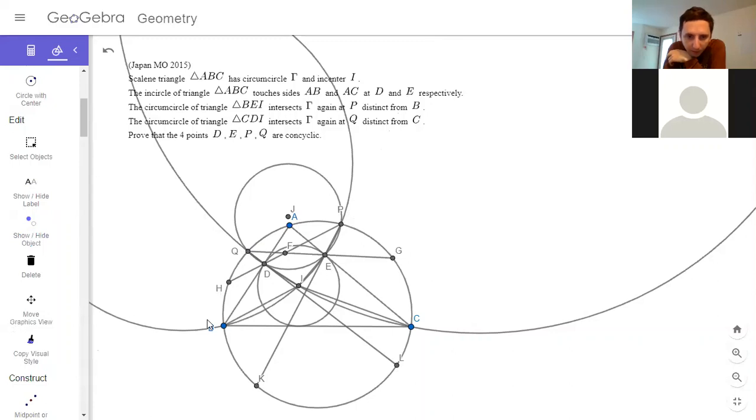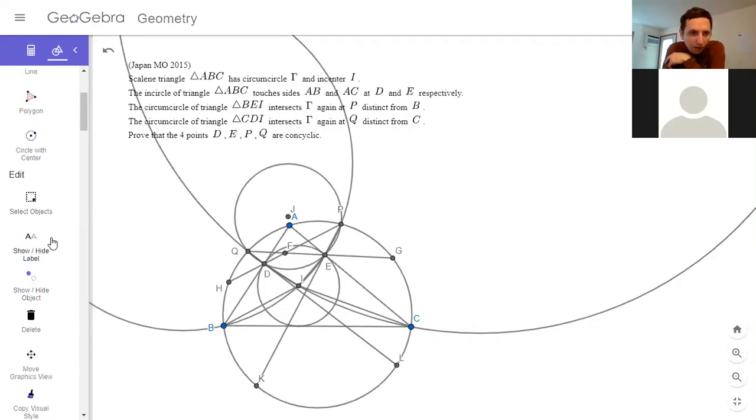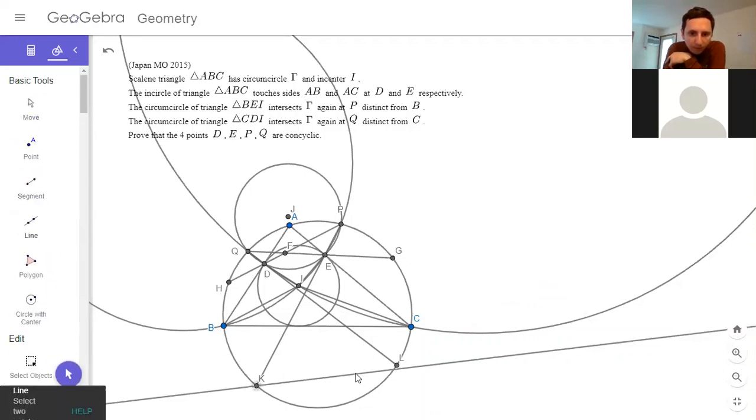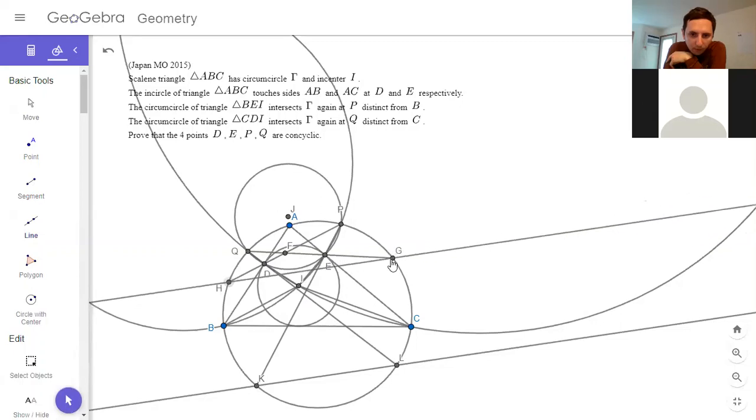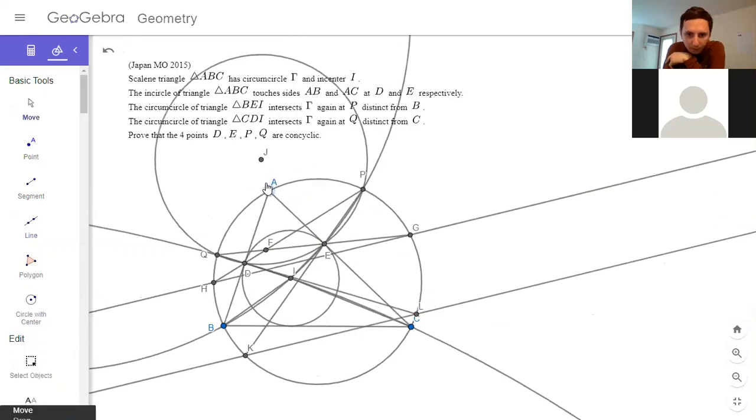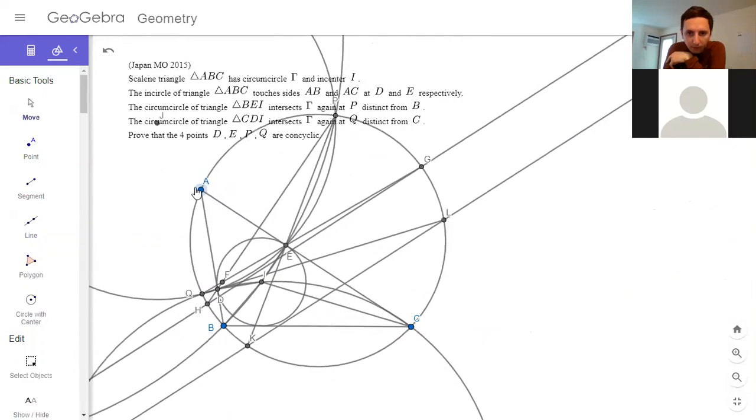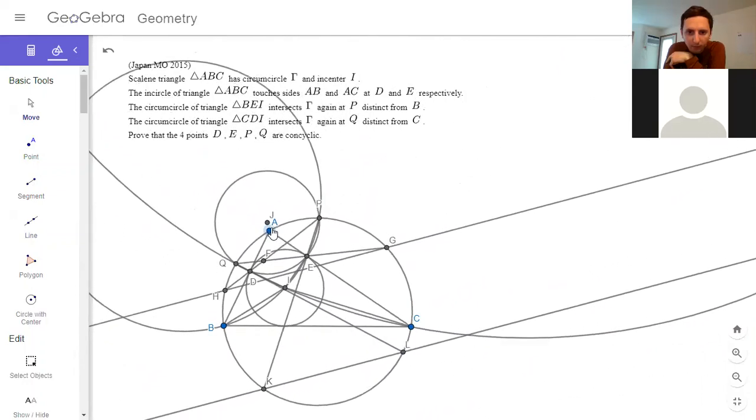Yeah, I think that has to be true by Reim's theorem. If the problem is true, then GH has to be parallel to KL, and I think they both have to be parallel to DE. Yeah, it looks like it. I'll move it around, but they look pretty parallel.